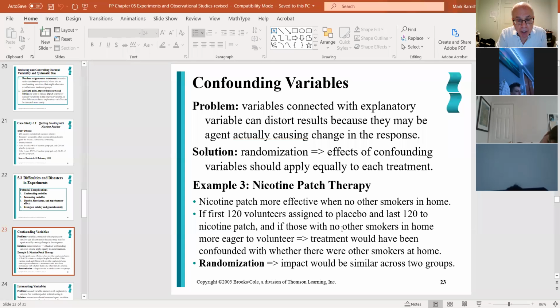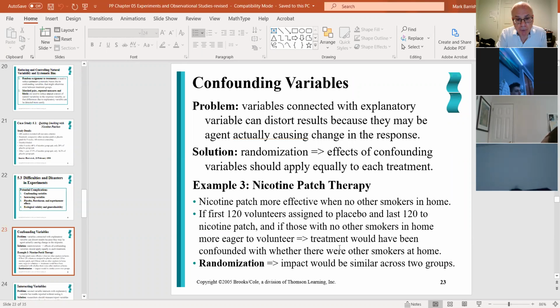It's possible, it said here, that people who have other smokers at home may be more eager to volunteer for the study. That could have been a confounding variable here that could have affected this result. Because if there are more smokers at home, you're more likely to smoke also.